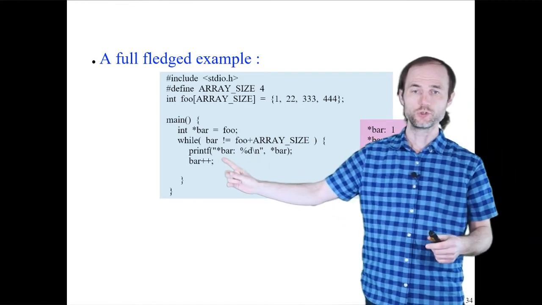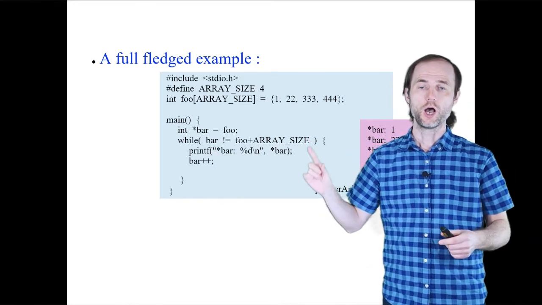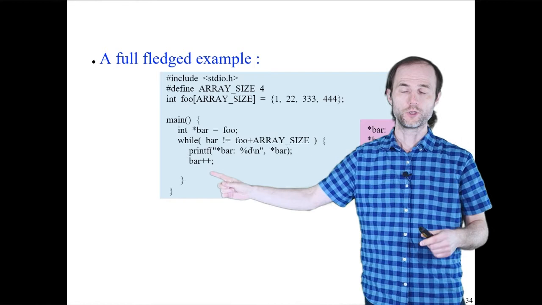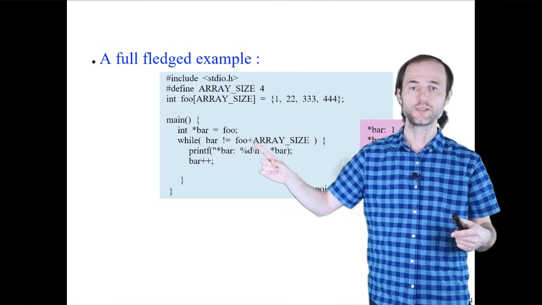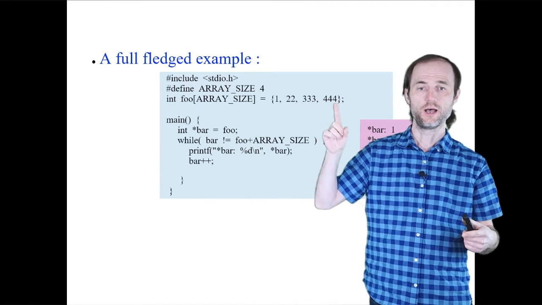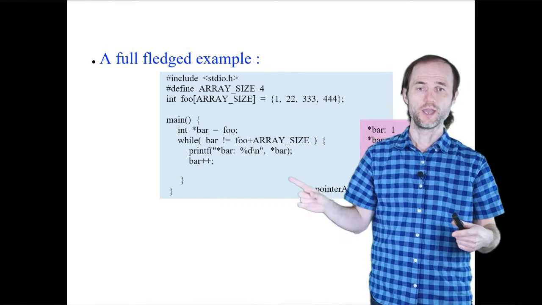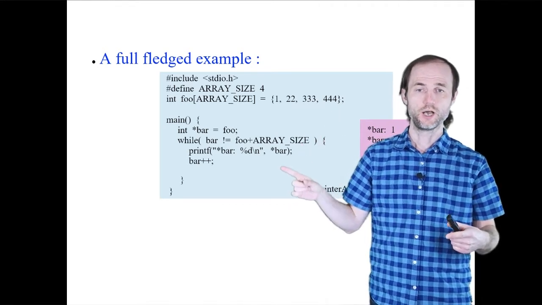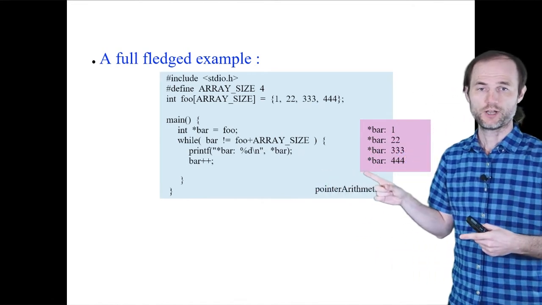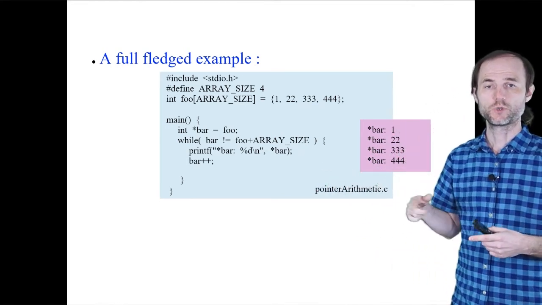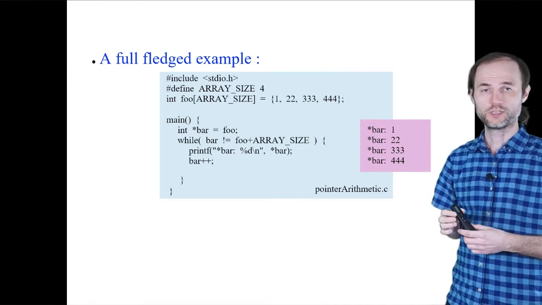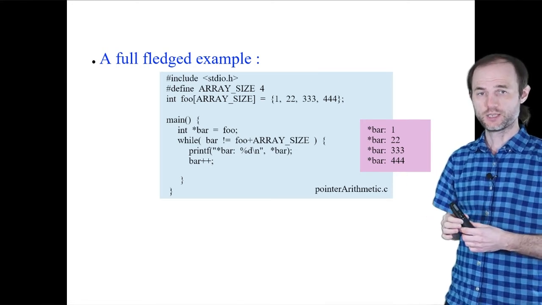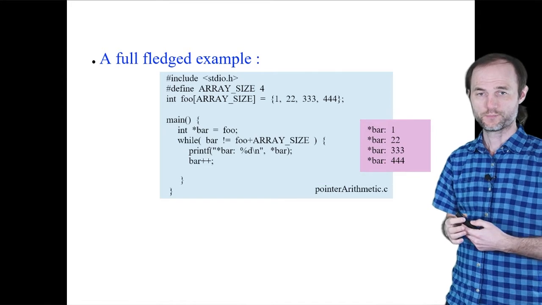Then we're going to loop over bar, incrementing the pointer until it hits the last element of the array, and printing those values. You can see that we're going to loop over all of the variables in this way.